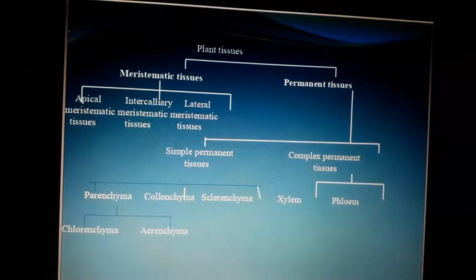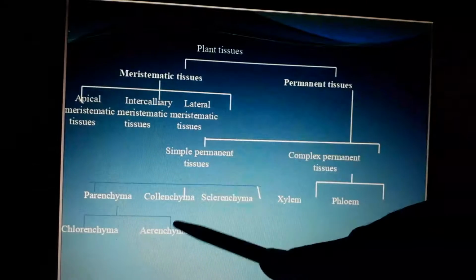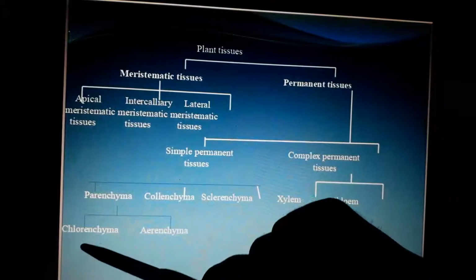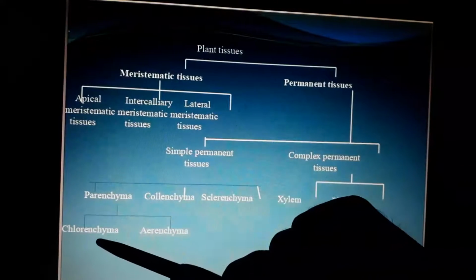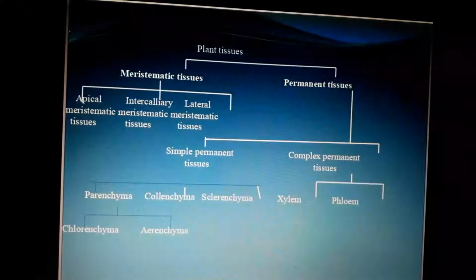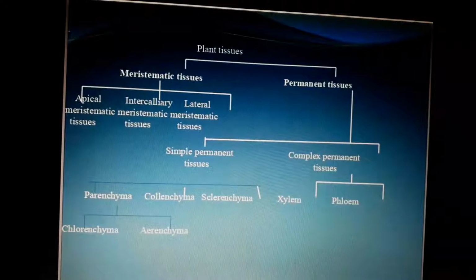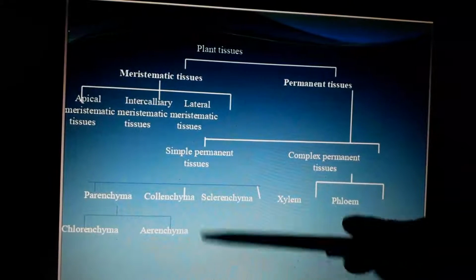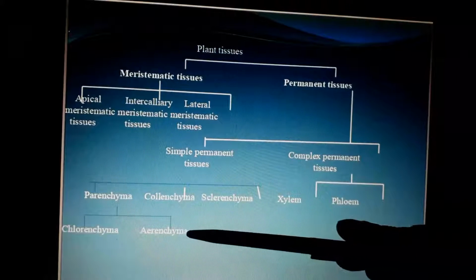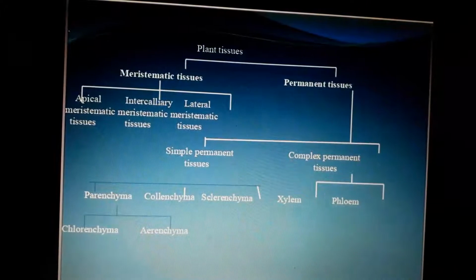Anyway, it is a difficult pronunciation, but you must study it. It's very important. Chlorenchyma and aerenchyma are there. This is collenchyma. This is chlorenchyma. Chlorenchyma holds chlorophyll in the leaves. It gives green color. That we will discuss later. Aerenchyma also is a very important part in the plant. That also we will discuss.